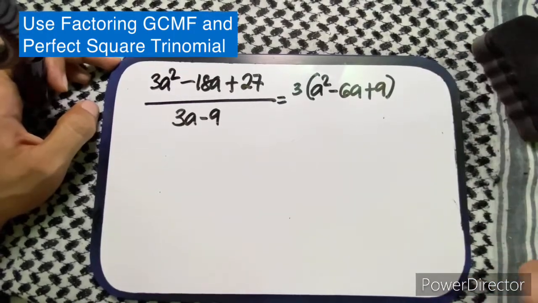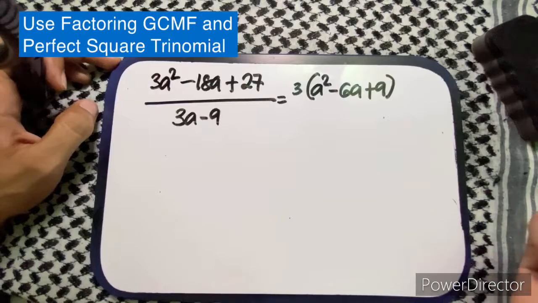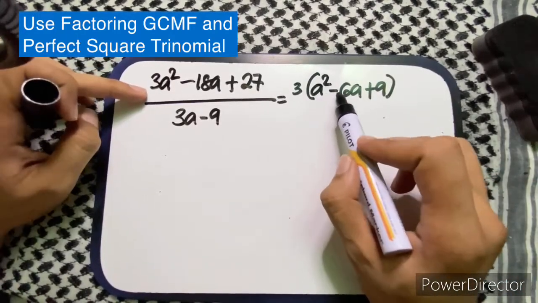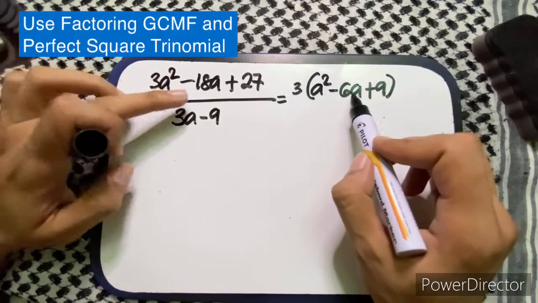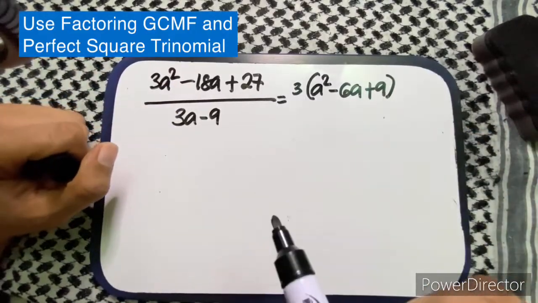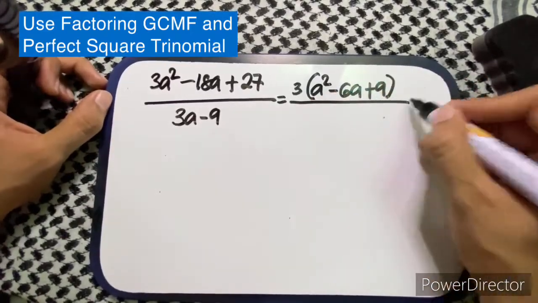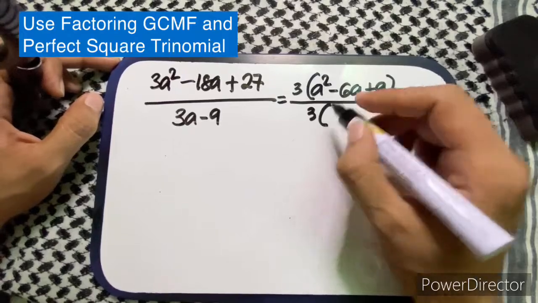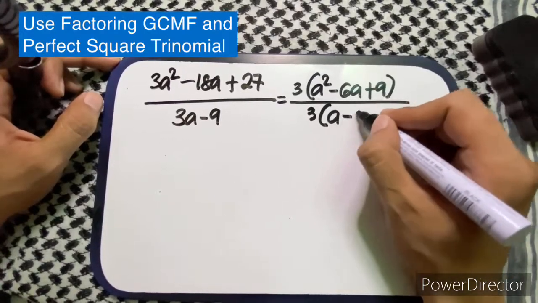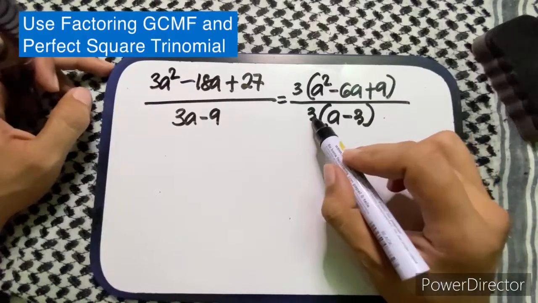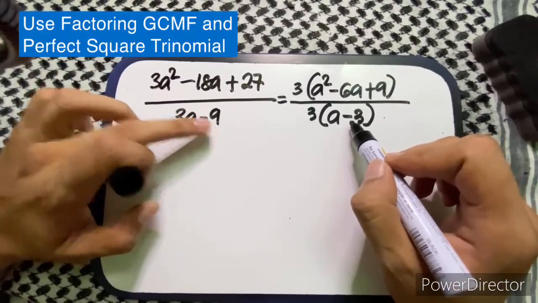I'll go directly to the factored form: 3 times a squared is 3a squared, 3 times 6a is 18a, and 3 times 9 is 27. The denominator will be 3 times a minus 3, because 3 times a is 3a and 3 times 3 is 9.